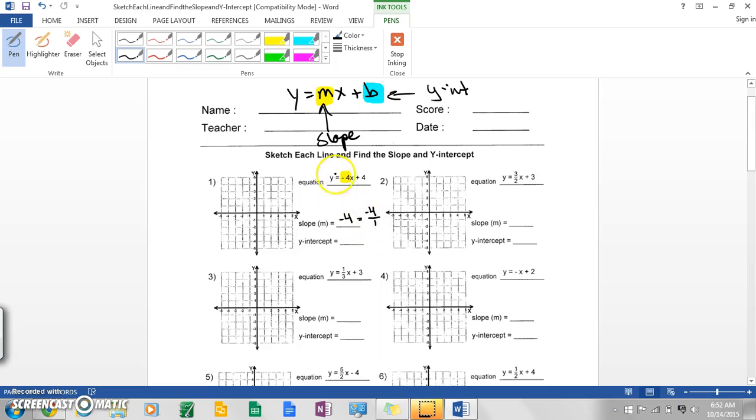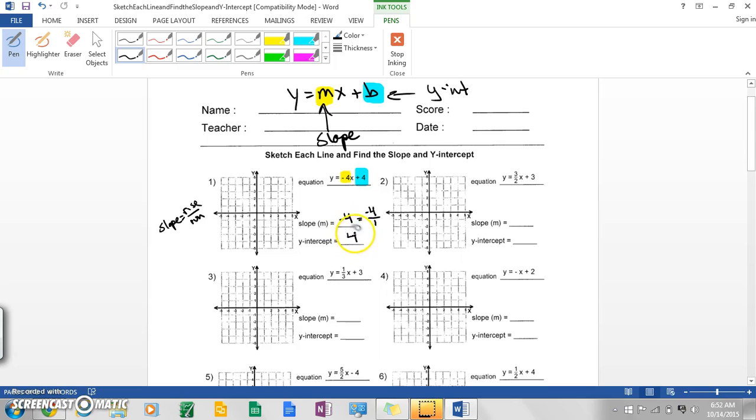It's easier to write it in fraction form when we talk about slope being the rise over the run, that is, how much we count up compared to how much we count over. The y-intercept, in this case, is the positive 4.